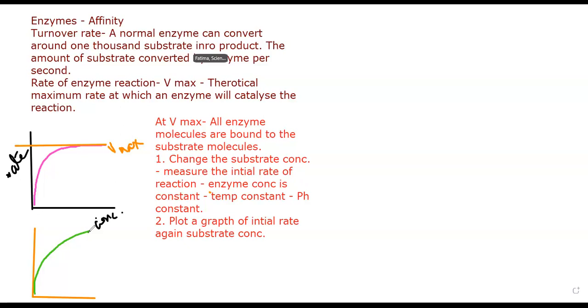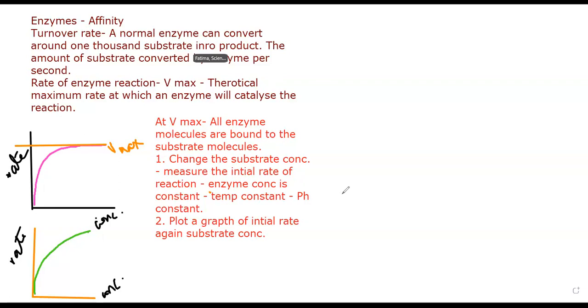So that's what you're going to observe. Theoretically, this is what you and I should see. But in reality, this is what we would see, that it actually doesn't flatten out completely. It will flatten out to quite an extent, but it still continues to increase a little bit.